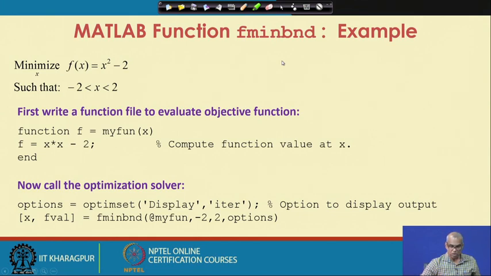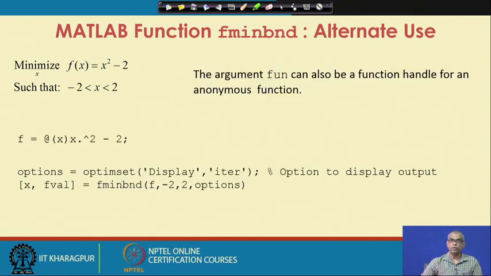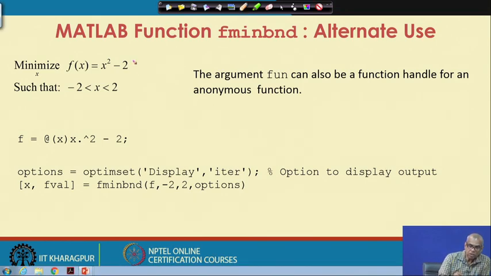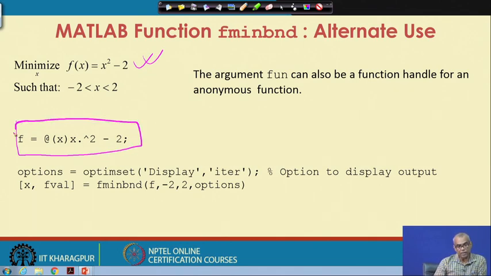Now, alternately, what we can do is the argument fun can also be a function handle for an anonymous function. For a simple function like this f x equal to x square minus 2, I can define f as shown, f equal to at x then x square minus 2, and you can now write this f here.